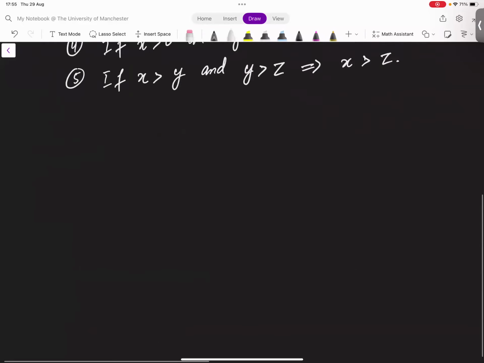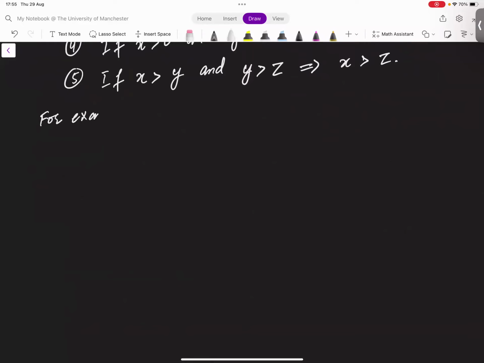Let's do some examples. If x is less than 0, then minus x is greater than 0. Let's prove it.